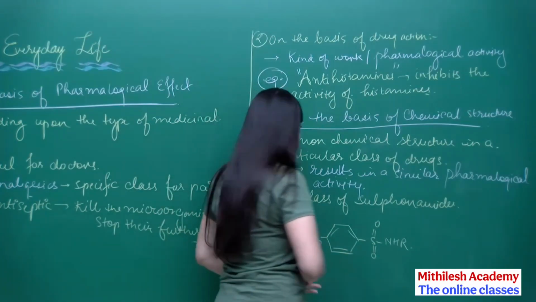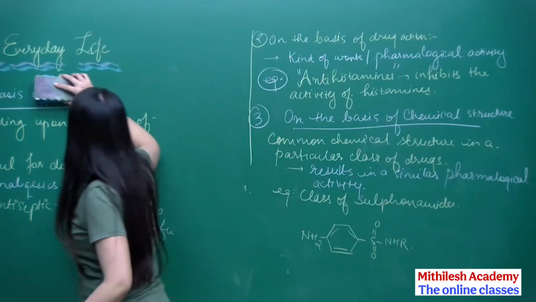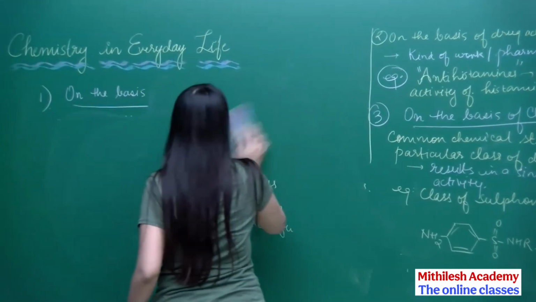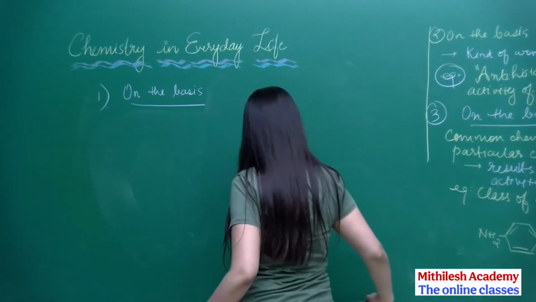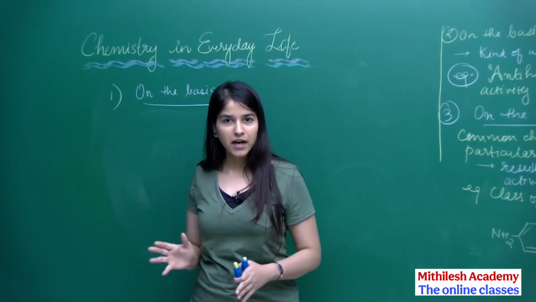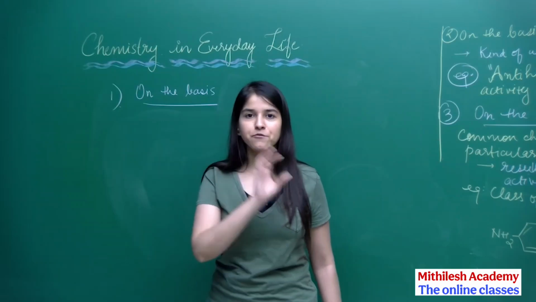Now let's move on to the very last classification of the drugs, which is on the basis of molecular targets. What targets are assigned to the drugs? Drugs are nothing but some kind of warriors, and they have targets. They need to attack the targets. That is their prime function.